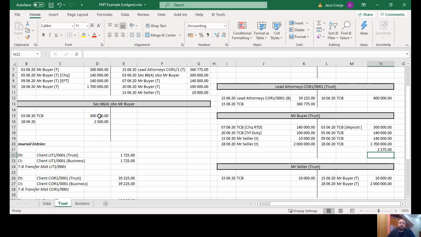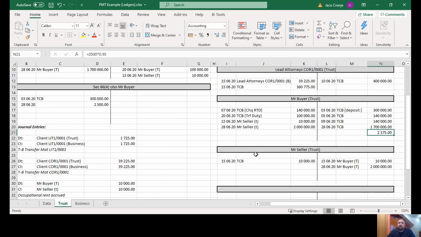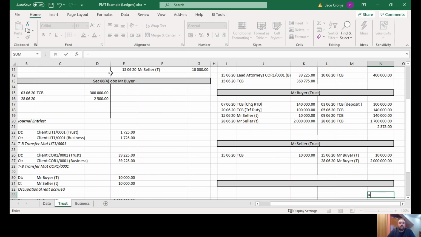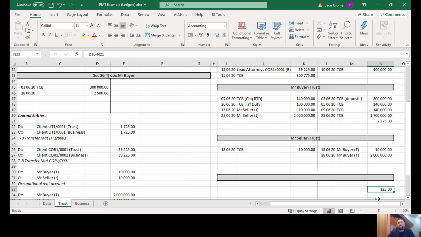But now I've got a problem because my debits don't match my credits. I'm short a credit, so my credit here equals that minus this. You can also work it out: it should be 5%.